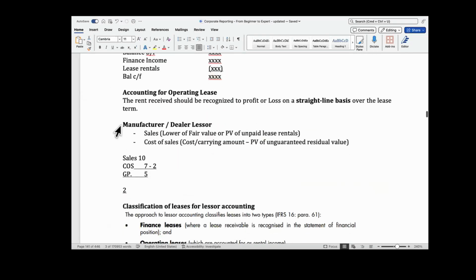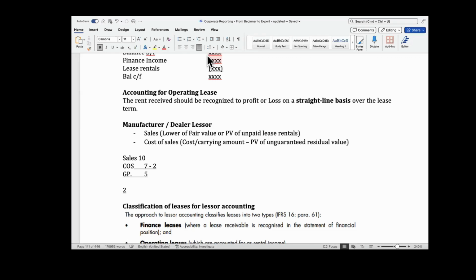And for the manufacturer or dealer lessor, I said this one is just where the lessor is a manufacturer or that item he leased out is the item he sells ordinarily. So he now leased it out. We are now saying that, okay, he's a lessor, yes, he does all the net investment in the lease that we have taught you.